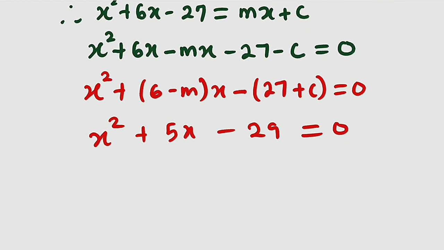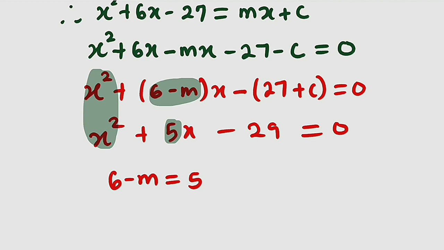So let us relate them. We have no problem with this one. They are all the same. The coefficient of x here is 6 minus m, while this one is 5. So by relating the two, we have that 6 minus m must be equal to 5. And you can see the constant here. We have this to be equal to this.